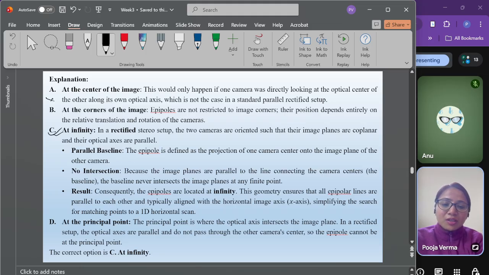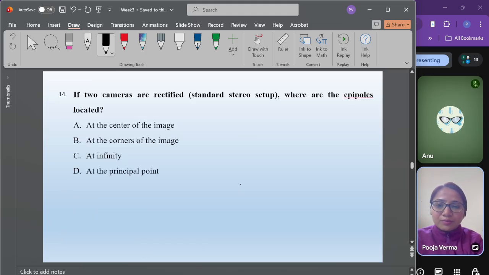The principal point is where the optical axis intersects the image plane, and in the rectified setup the optical axes are parallel and don't pass through the other camera's center. So the epipole cannot be the principal point. So the correct option is at infinity. That is option C. So option C is the correct answer for this question.